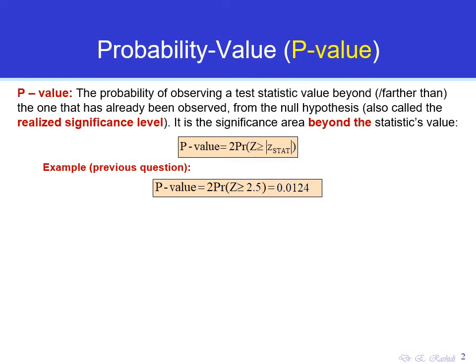So what is the intuition here? What does it mean, this value? What does it mean to be a high value or a low value, and what should we do with it? Well, the p-value means, assuming that the null hypothesis is true, what is the probability that we get the observed value that we have now, or a value beyond this value, or further away, either on the left tail or right tail, depending on whatever type of test that you have. So if the null hypothesis is true, then the current observed value must be a likely event.